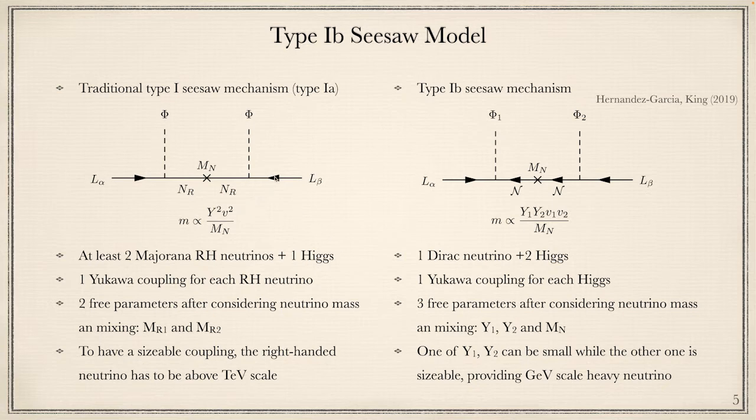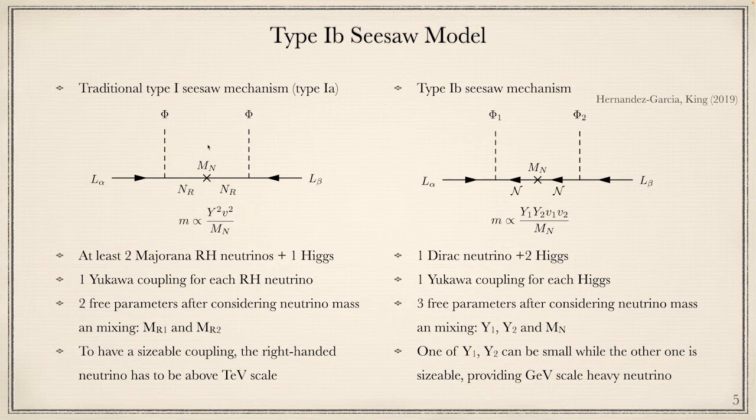In this slide, there is a comparison between the type 1 Seesaw model and the type 1b Seesaw model. The traditional type 1 Seesaw model can also be called type 1a. In the traditional type 1 Seesaw model, we need at least 2 Majorana right-hand neutrinos plus 1 Higgs doublet, while in the type 1b Seesaw model, we need 1 Dirac neutrino and 2 Higgs doublets.